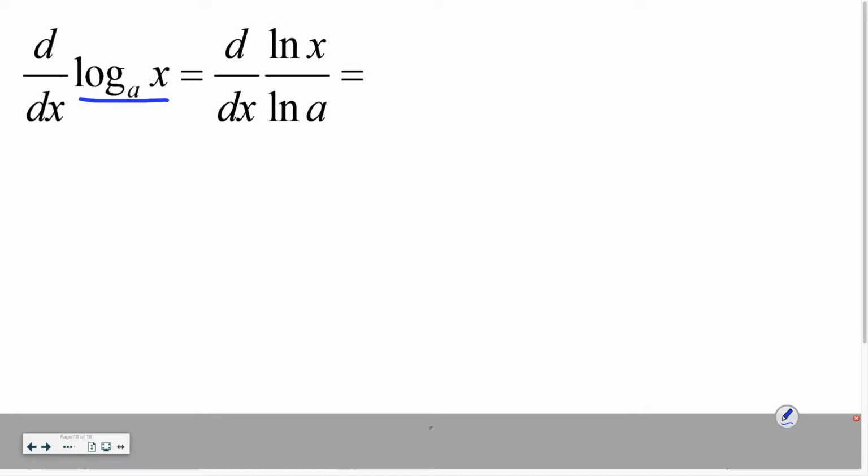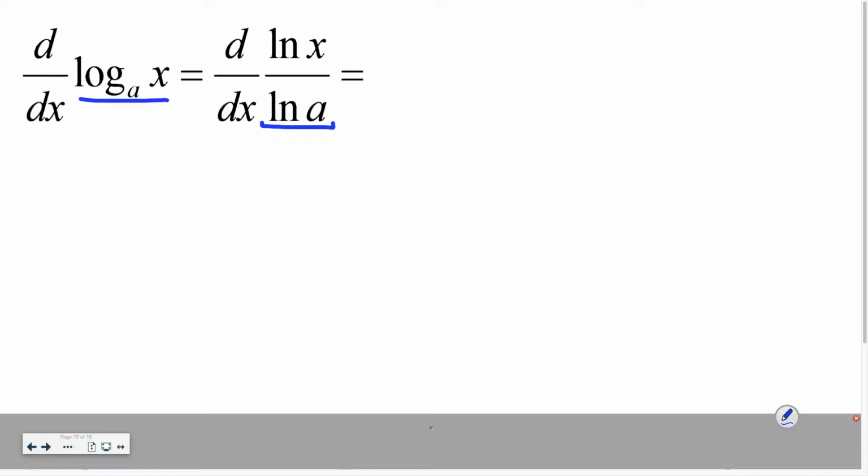Log base a of x is what we want to figure out the derivative of. We just said that our change of base formula is natural log of x over natural log of a. If we take that derivative with respect to x, we have a quotient, correct?